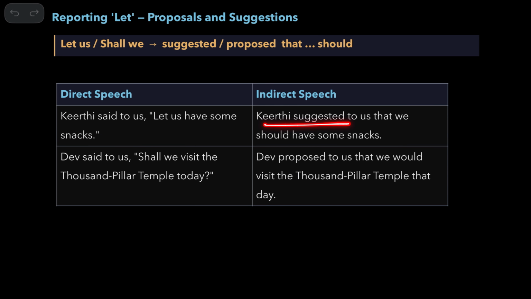Kirti suggested to us, remember, to us, not us. Don't say us, say to us that we should have some snacks. Dev said to us, "Shall we visit the thousand pillar temple today?" Dev proposed to us that we would visit the thousand pillar temple that day.